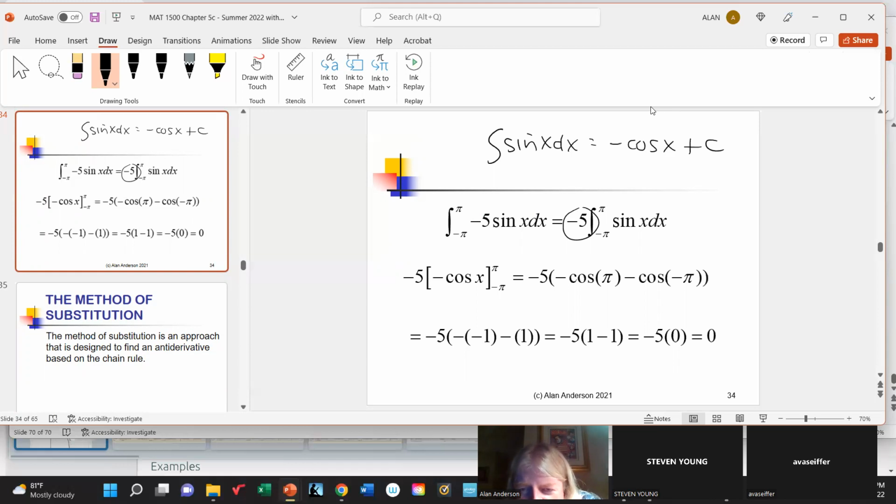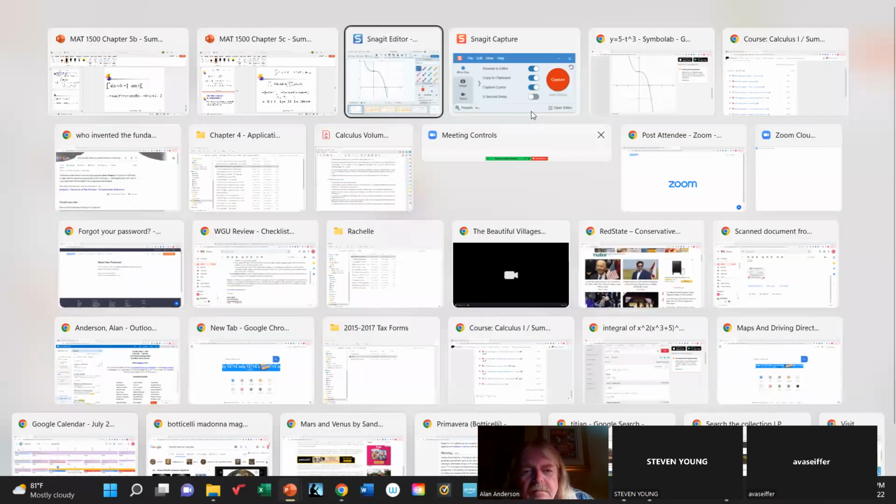I've, in the parentheses, negative cosine positive pi minus negative cosine negative pi. Now, it turns out that the cosine of pi is -1. All right, let's go look at Symbolab.